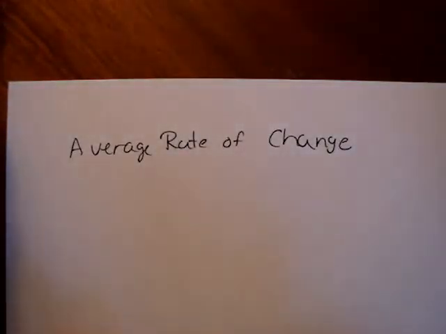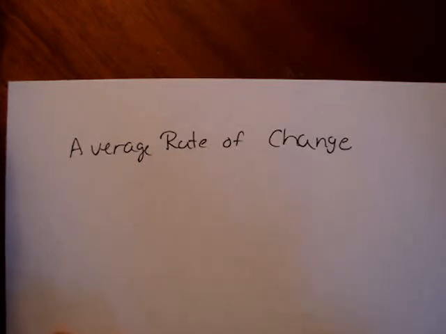And before we can do number 6, 7, and 8, we have to learn a new definition. And that definition is average rate of change. So let me write that down. Average rate of change. Okay. Basically, average rate of change is the slope between 2 points.